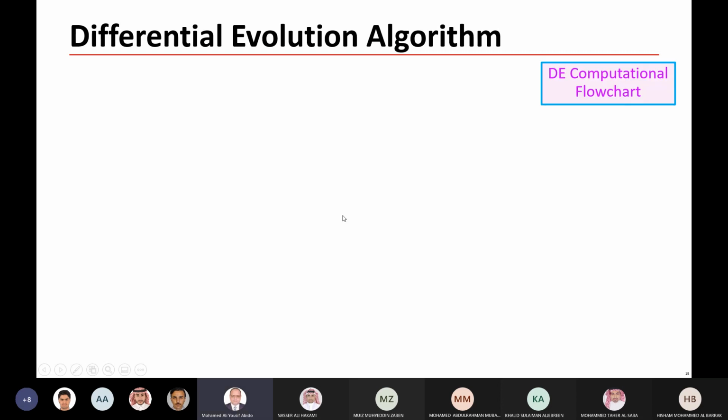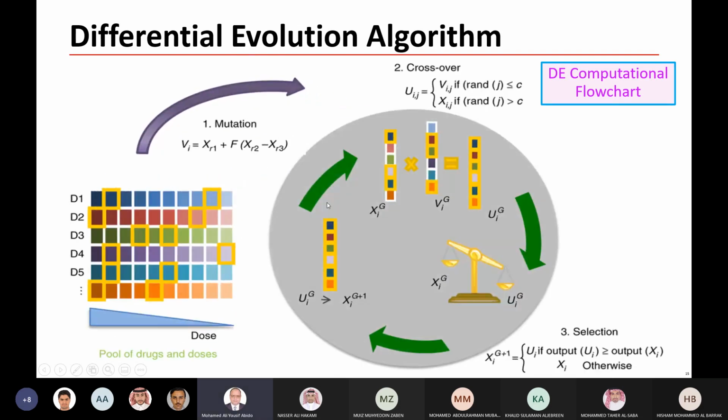And this is the computational flow chart of the differential evolution. You have here the population, which you create at random at the beginning, and then you apply the mutation: Vi equals Xr1 plus F and so on. R1, R2, R3 are integer random numbers between 1 and the population size.